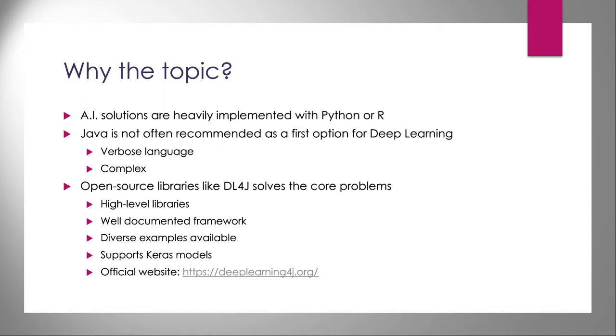Java is not really recommended as a first option for deep learning because it's verbose and complex, but these problems are solved with an open source framework available called Deep Learning for J. It consists of high-level libraries and APIs that are well documented on their official websites, and they also have diverse examples available for different use cases.